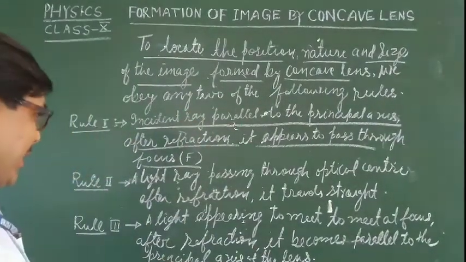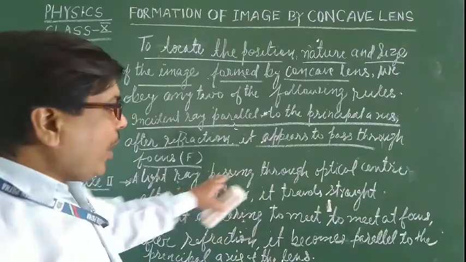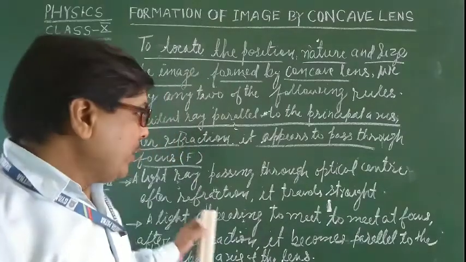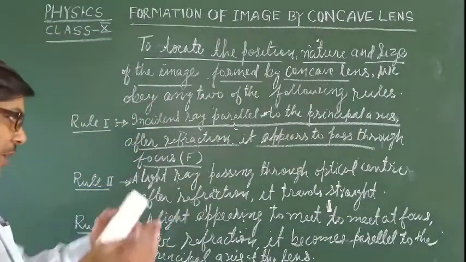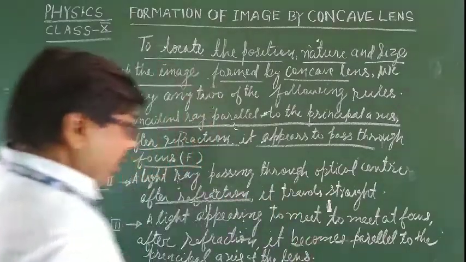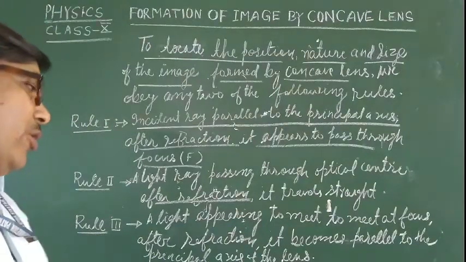We will draw it later. Second rule: a light ray passing through the optical center of the lens, after refraction, travels straight without any deviation.